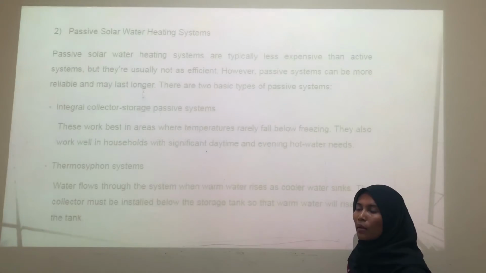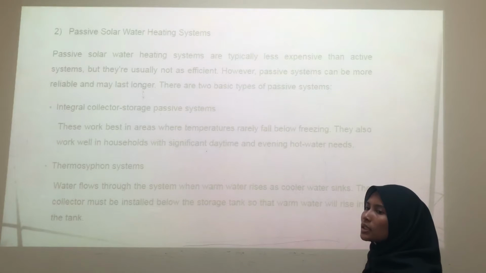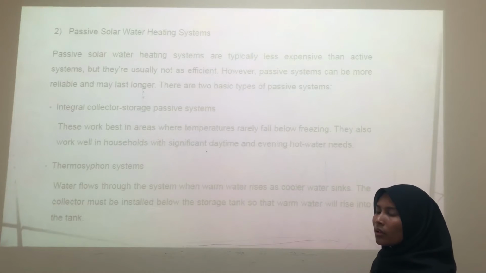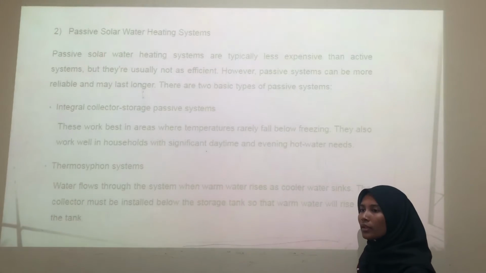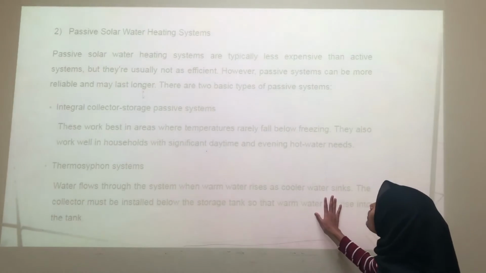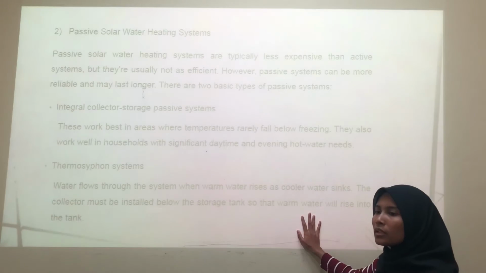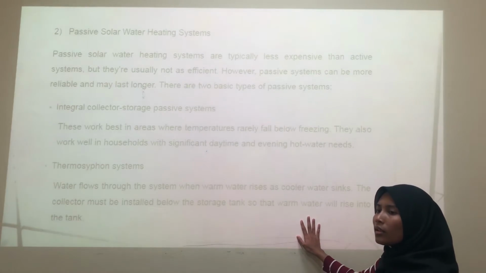Okay, yang kedua, passive solar water heating system. Passive solar water heating systems are typically less expensive than active systems, but they are not as efficient. However, passive systems can be more reliable and may last longer. There are two types of passive system. The first one, integral collector storage passive system.